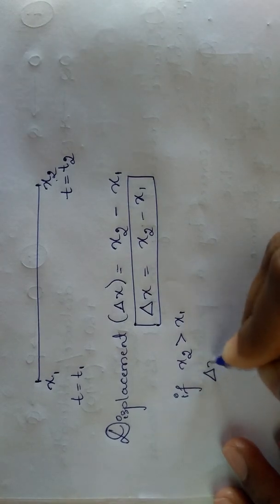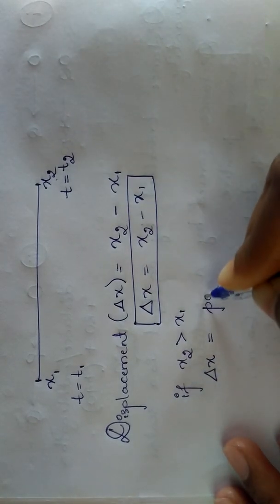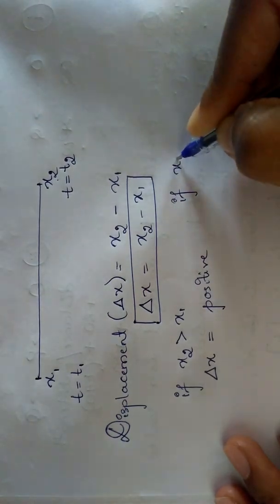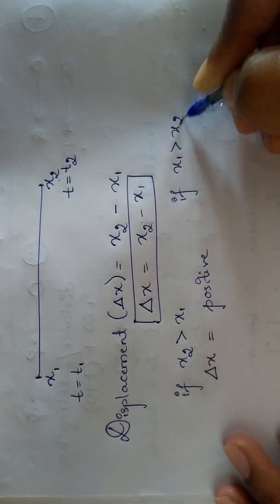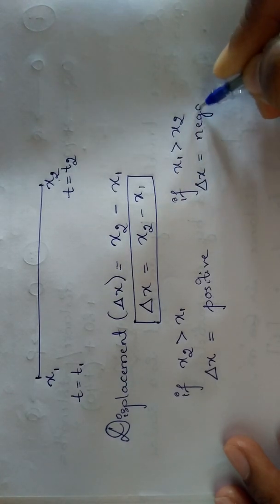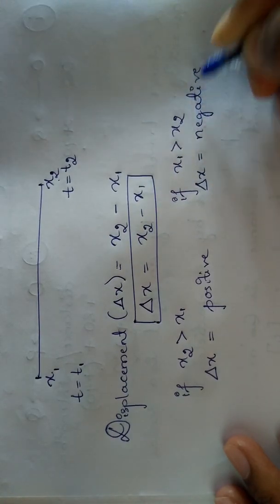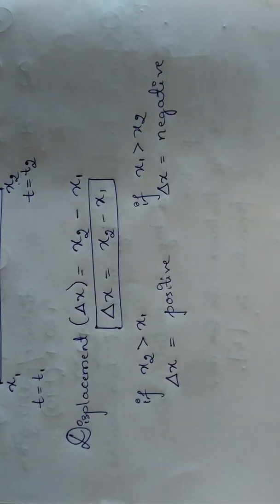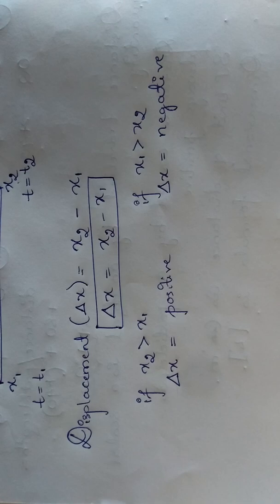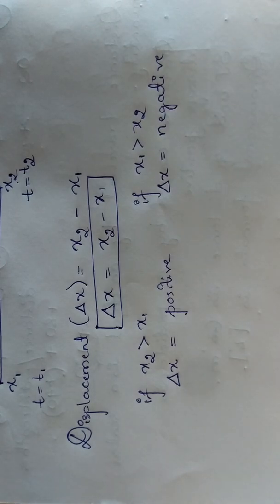The value of delta x will be positive. If x1 is greater than x2, then the value of delta x will be negative. So for the same object you will get different displacement. Displacement is direction dependent, hence displacement is a vector quantity.